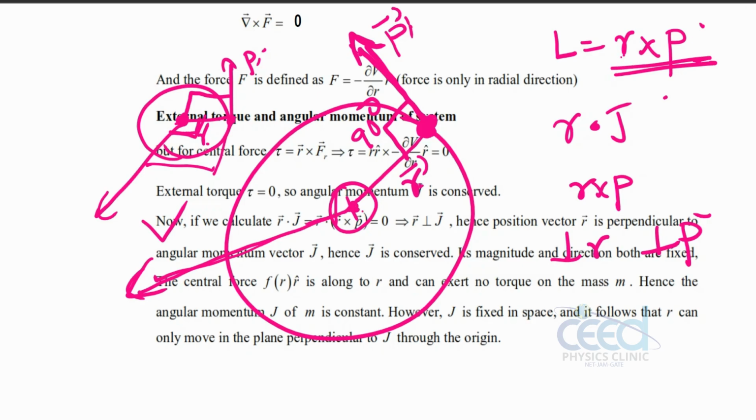Then what can I say? r dot p is 0 because the angle is 90 degrees. r dot p means rp cos 90, and cos 90 is 0. So r dot p is 0.